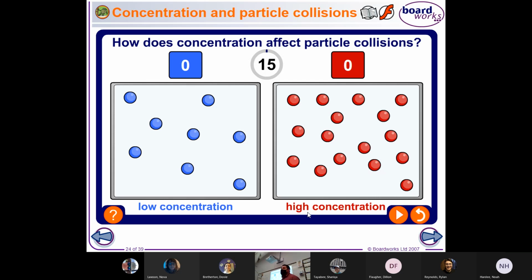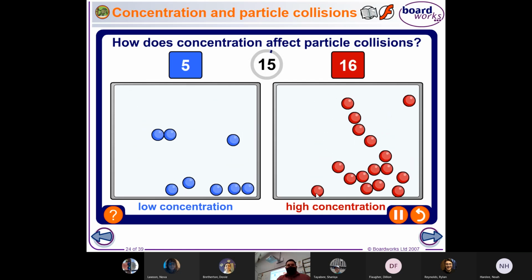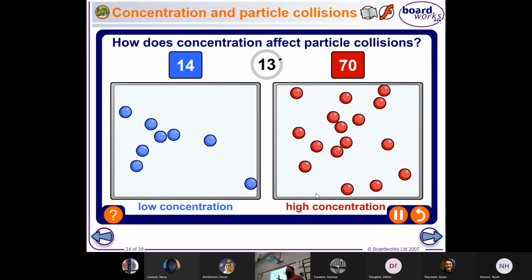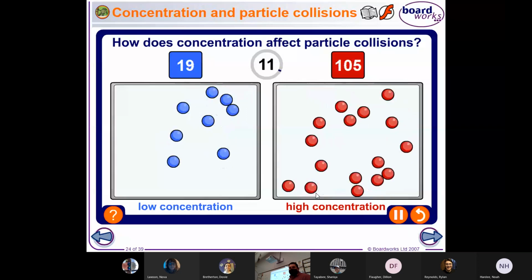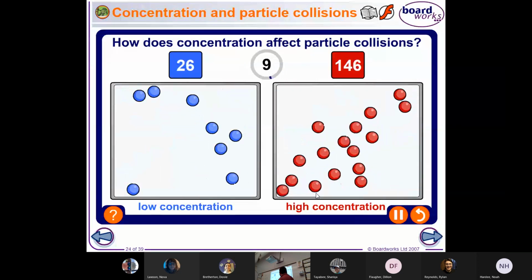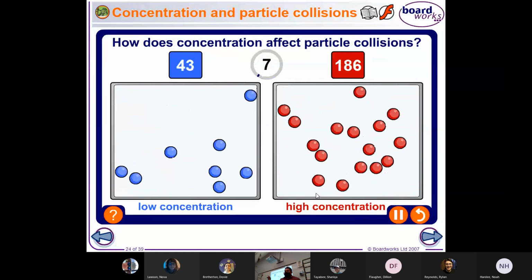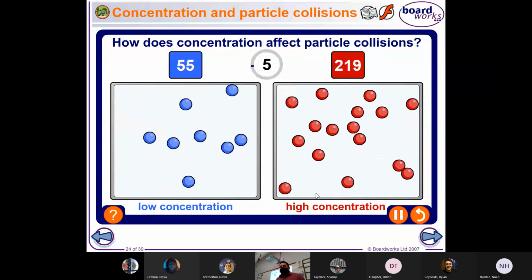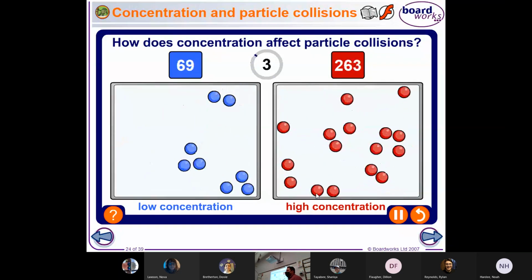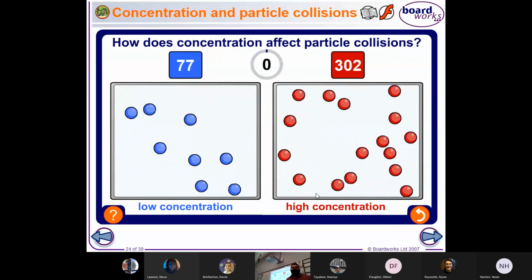They're the same temperature, so if we run this, they're moving at the same rate. That red bulb is moving at the same speed as the others. But you see, when we increase the concentration, we get a lot more collisions. There's just more particles, more stuff within that area.